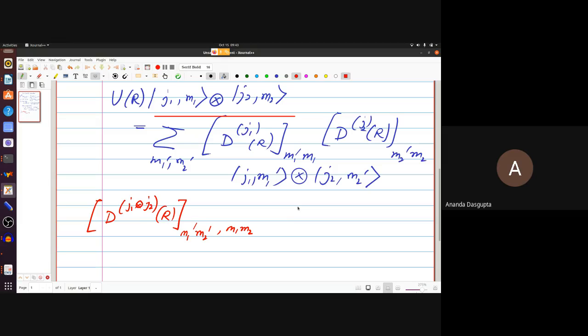And this has to be D^J1(R) M1' M1 times D^J2(R) M2' M2. These are genuine ordinary single index matrices, the way we usually talk of them. So this is basically how you form direct product of representation matrices, or in general how you form direct product of matrices.